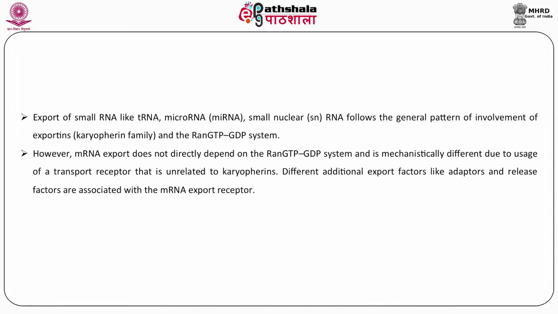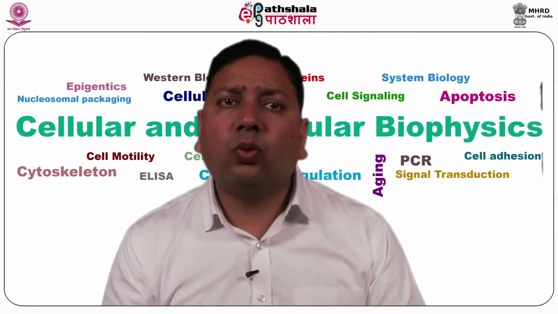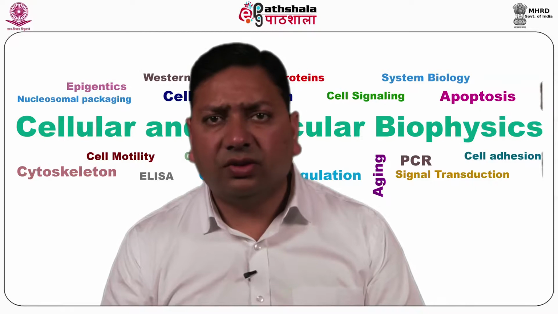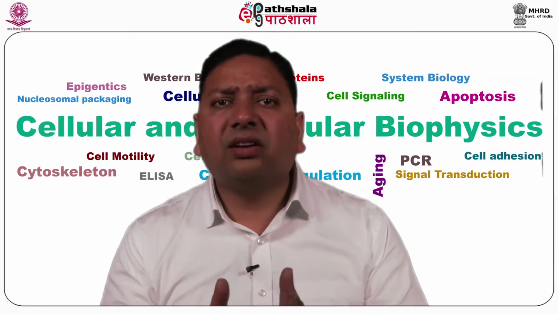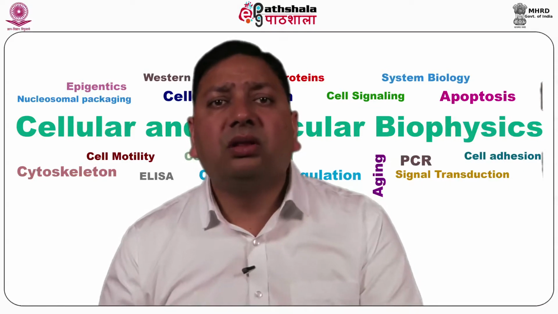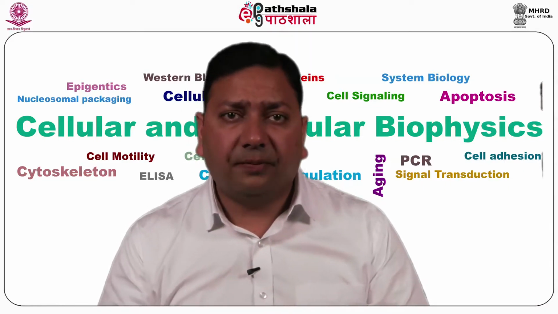Export of small RNAs like tRNA, microRNA and small nuclear snRNA follows the general pattern of involvement of exportins, which we call the karyopherin family, and the Ran-GTP system. However, mRNA export does not directly depend on the Ran-GTP system, and it is mechanistically different due to the use of a transport receptor that is unrelated to karyopherin.